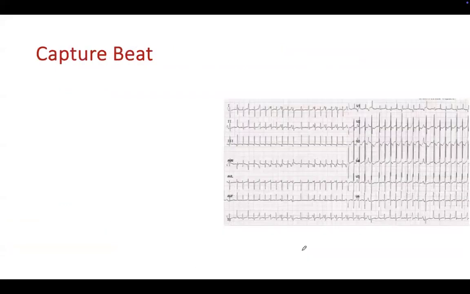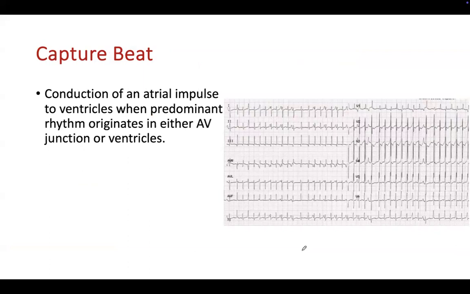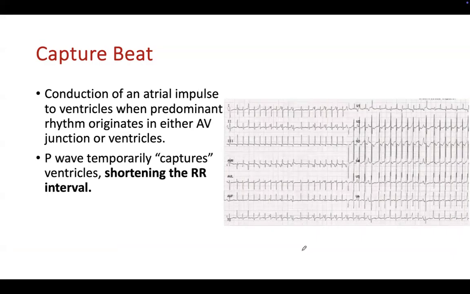Okay. And so I mentioned capture beat, which just means there's a conduction of an atrial P wave or impulse to the ventricles when the predominant rhythm originates not in the atria but in the AV junction or the ventricle. This is the definition of capture beat. Or, to simplify things, the P wave temporarily captures the ventricles, shortening your R-R interval. So, for example, this is your tachycardia rate.